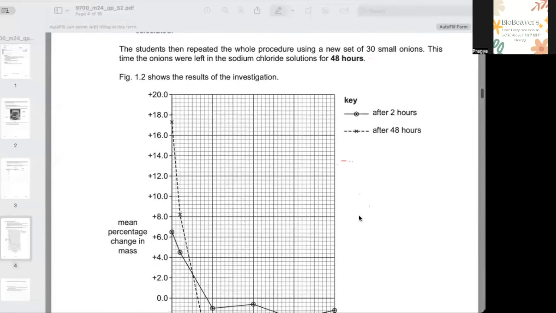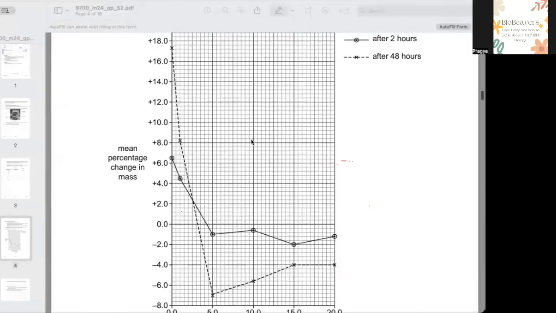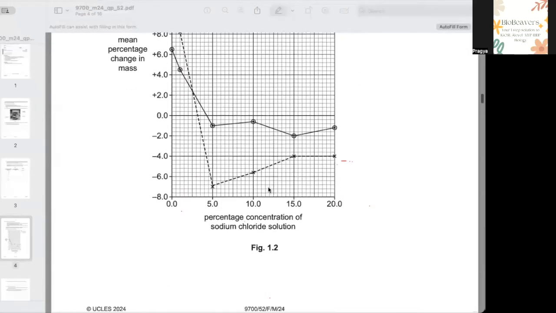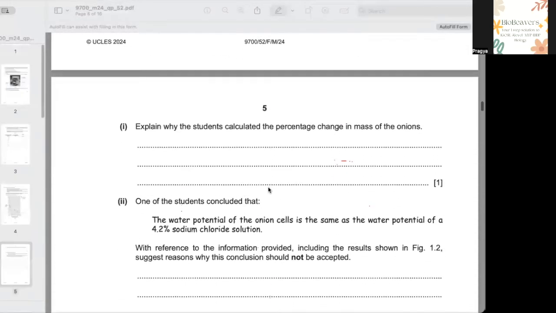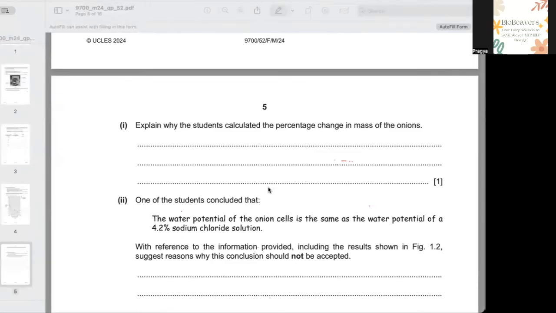And as we move ahead, we've seen the graph, and let's just try and move to the question first. So in the question, they ask you, explain why the students calculate the percentage change in mass of onions.